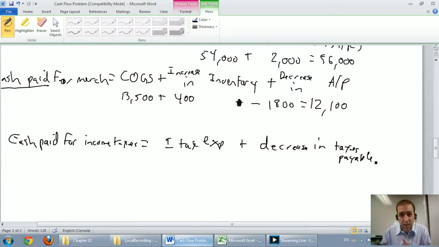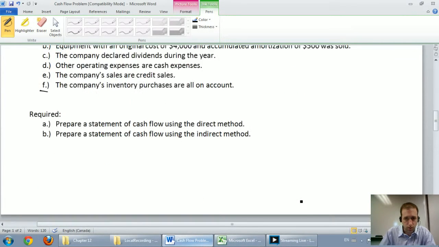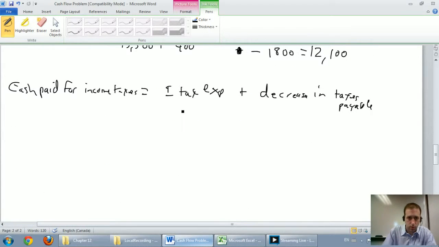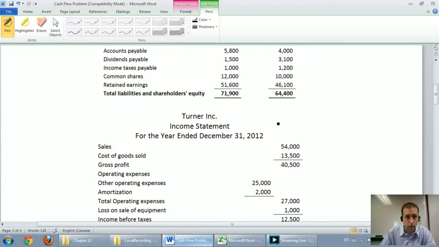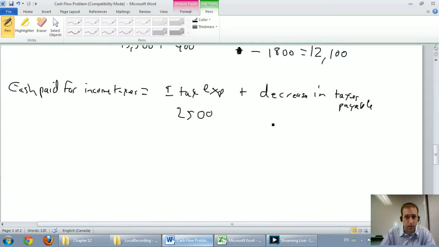And the reason it's plus decrease in taxes payable is because if taxes payable goes down, it means we're paying more of our taxes off, right? If taxes payable goes up, it means we're keeping the money in our pocket. We're not paying our taxes and we're keeping the money. So the calculation then is our income tax expense, which was $2,500, plus decrease in taxes payable, and our taxes payable went from 1,200 to 1,000, went down by 200, so I'm going to add that amount, plus 200.